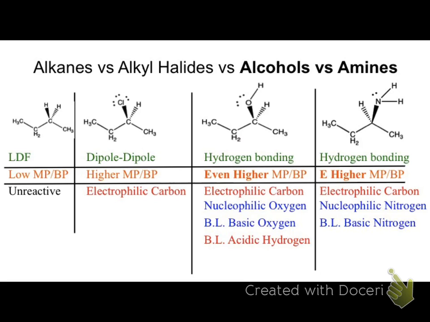No. So we're looking at oxygen versus nitrogen. Which one is more electronegative? Oxygen. Which means what about the hydrogen bonding interaction there? It's stronger. If we have a stronger hydrogen bonding interaction in the alcohol, what does that mean about its boiling points and melting points? It should be the highest. Okay, I can kind of put a note on that.